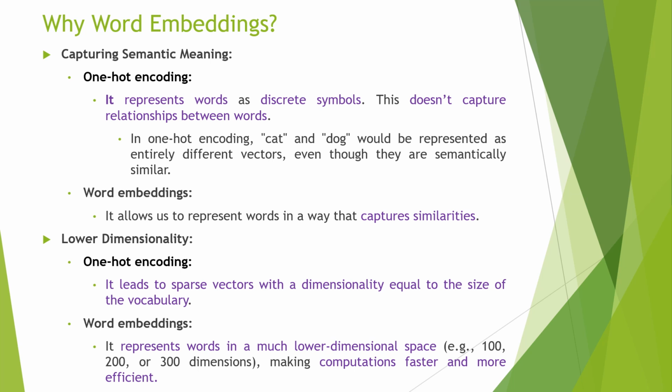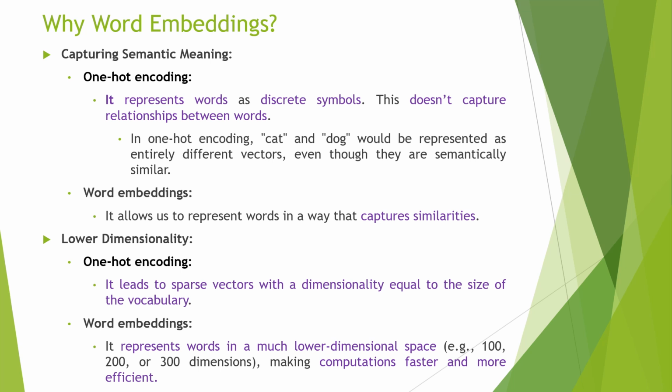For example, the words cat and dog would be represented as different vectors, but these two words are closely related to the animal category. But word embeddings represent words which have similar meaning with a similar representation, and it creates a better representation of data.